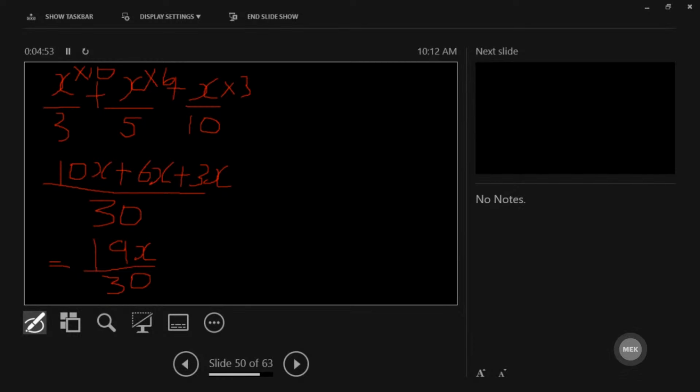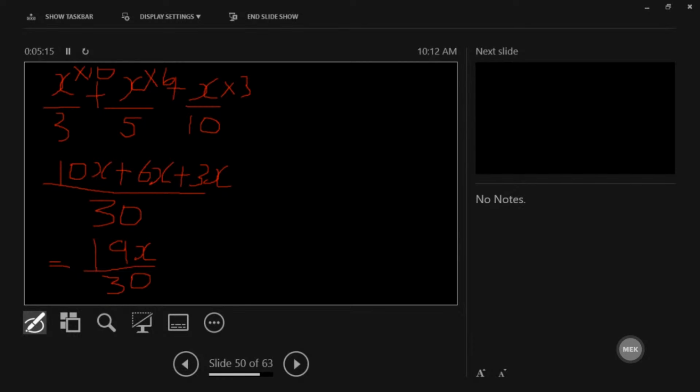So we had our 3 separate fractions. Each of them had x in the numerator, and in the denominator we had a 3, a 5, and a 10. Just like with a regular fraction, we find the LCM.